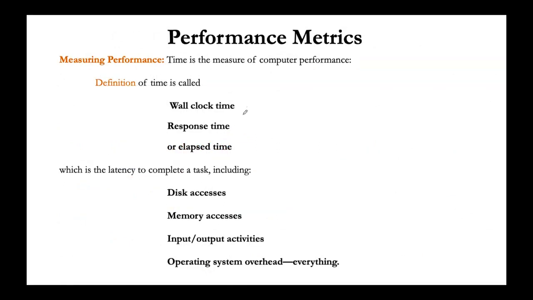Then we are talking about your CPU time. CPU time comprises your user CPU time and the system CPU time. System CPU time means the time the operating system spends supporting the program. So we measure a program's execution time using the Unix time command.